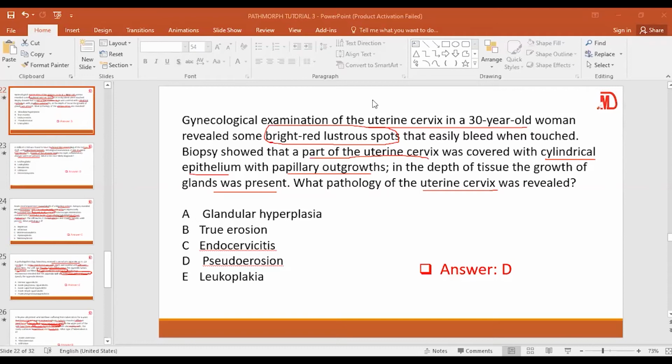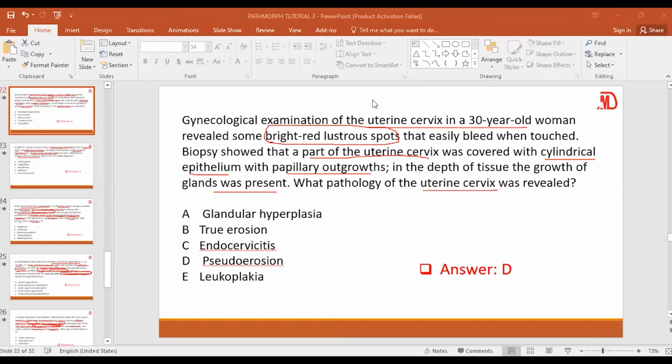Please, the true erosion, he said it is an acquired pathological process characterized by a damage and desquamation of the flat epithelium of the vaginal part of the cervix.